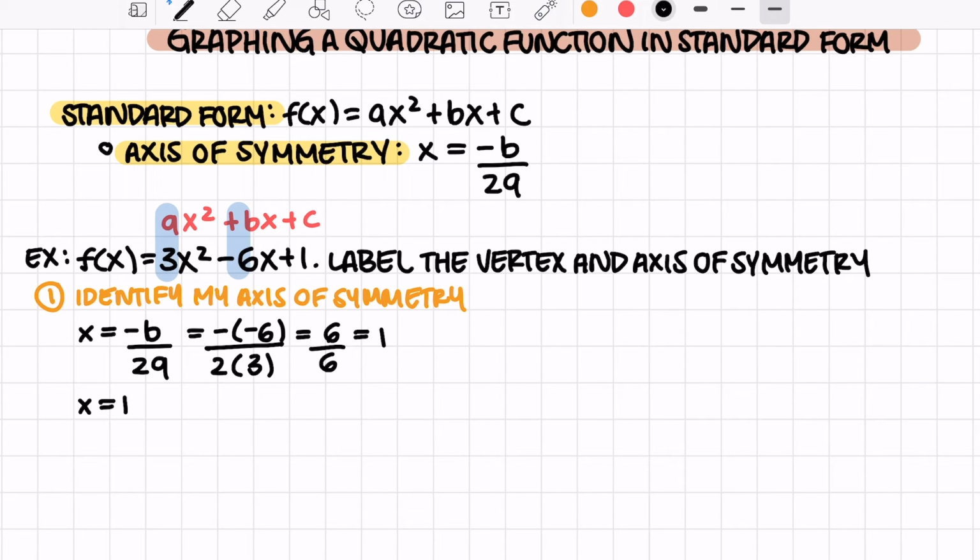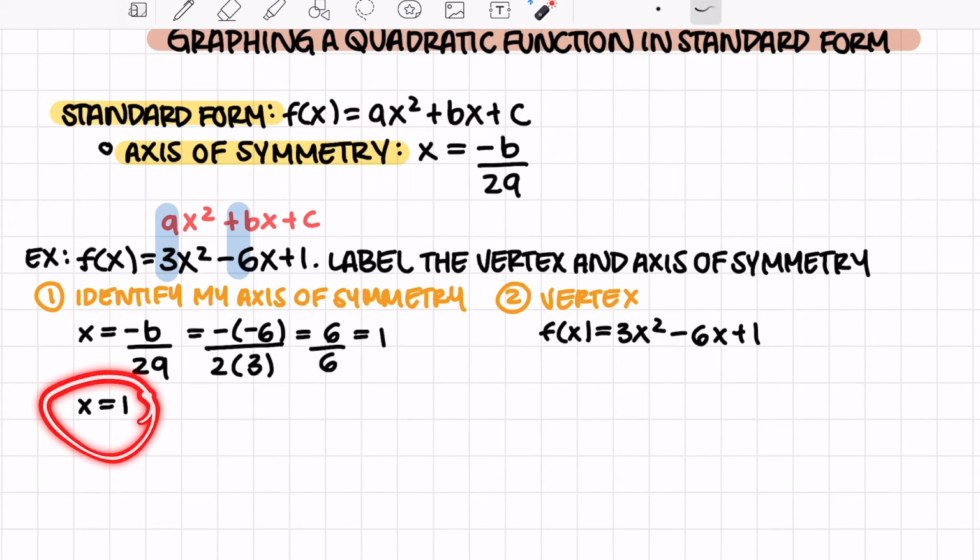Cool. Once you find out what your axis of symmetry is, then you can find out what your vertex is. If I'm looking for my vertex, I'm just going to take my function f of x equals 3x squared minus 6x plus 1, and plug my axis of symmetry into all of the x values.